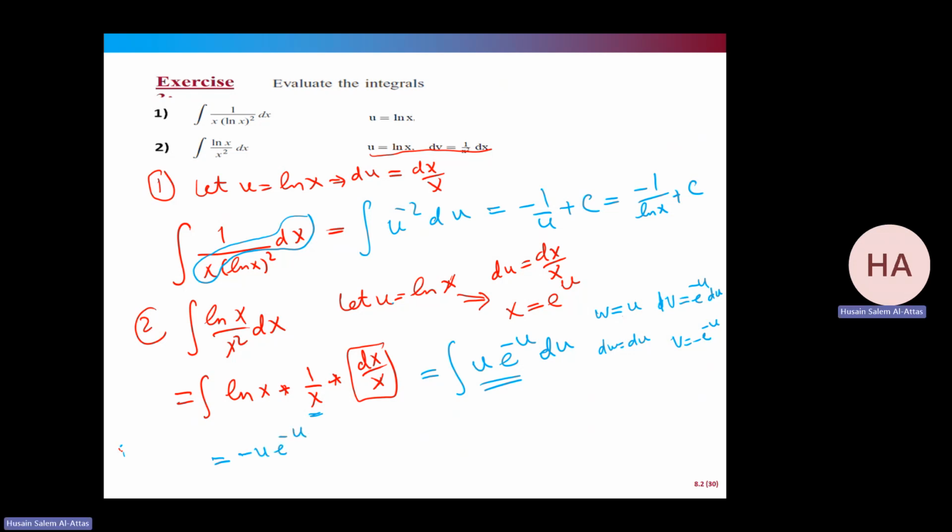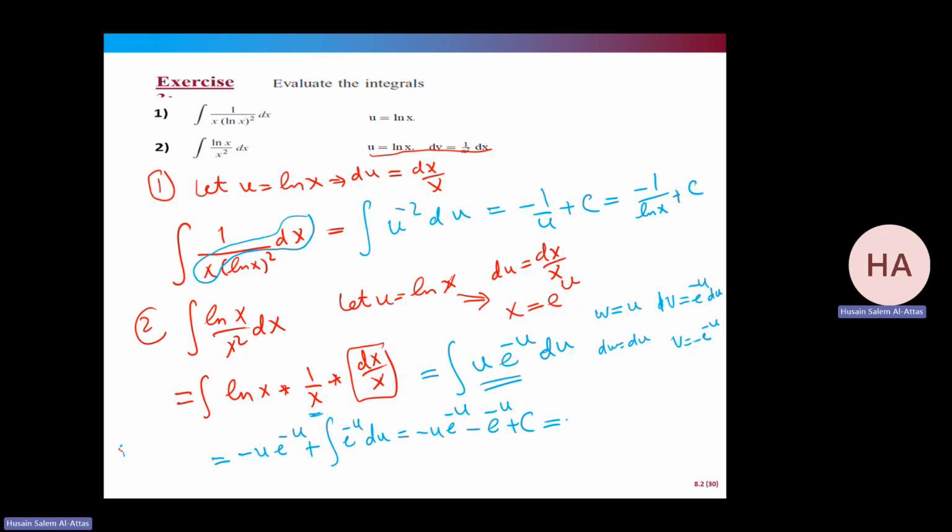Don't forget, I need to retain the ln. Minus integral, which is plus e to the minus u du, which is minus e to the minus u plus c.